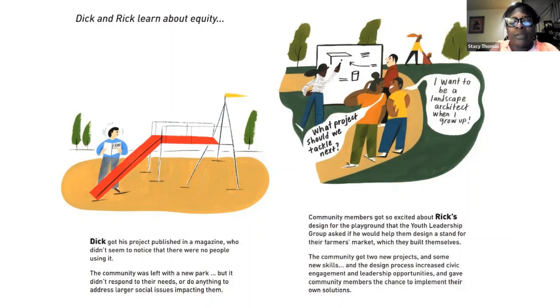Community members got so excited about Rick's design for the playground that the youth leadership group asked if he would help them design a stand for their farmers market, which they built themselves. The community got 2 new projects and some new skills, and the design process increased civic engagement and leadership opportunities and gave community members the chance to implement their own solutions. I want to be a landscape architect when I grow up. What project should we tackle next?